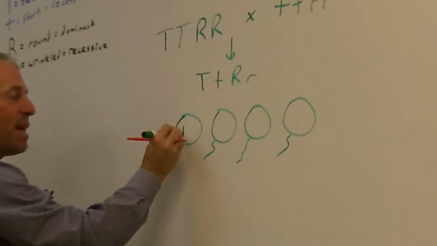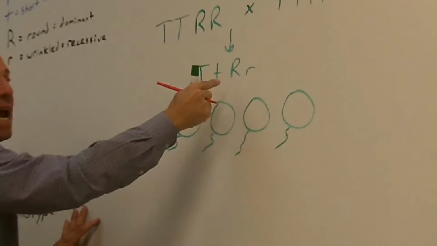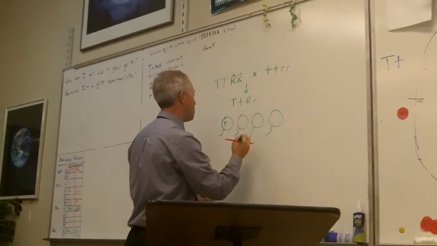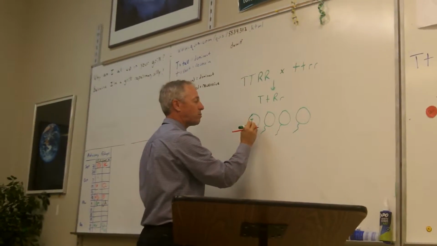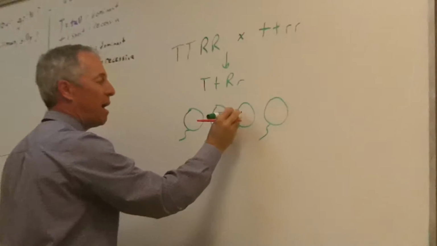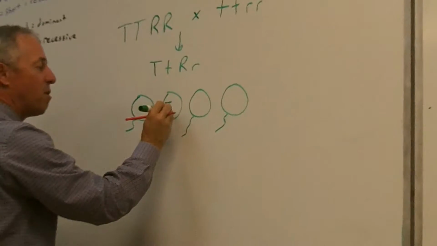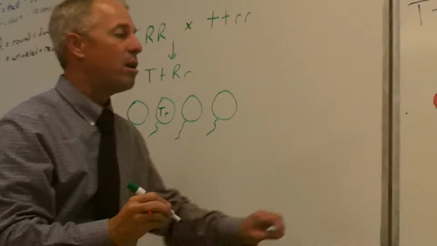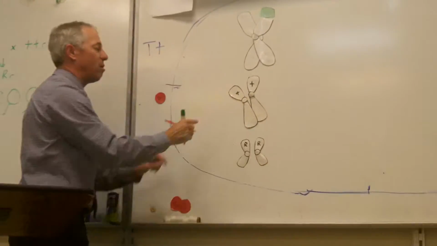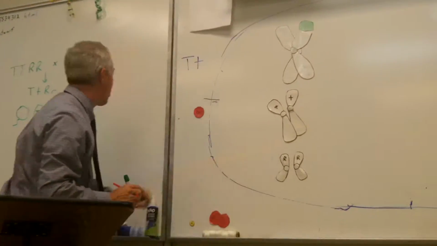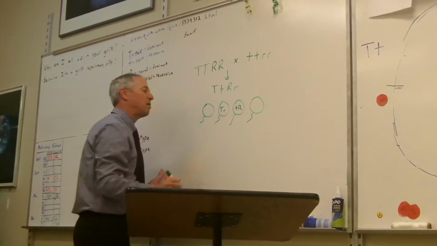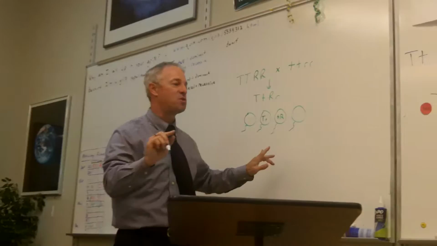But you can get a big T in a sperm and a little r in a sperm. Let me draw it like this. You get a big T in a sperm and a little r in a sperm, like this sperm that forms over here. Or you could get a big R in a sperm and a little t in a sperm. So you could get a sperm like that. There's two other possible sperms.